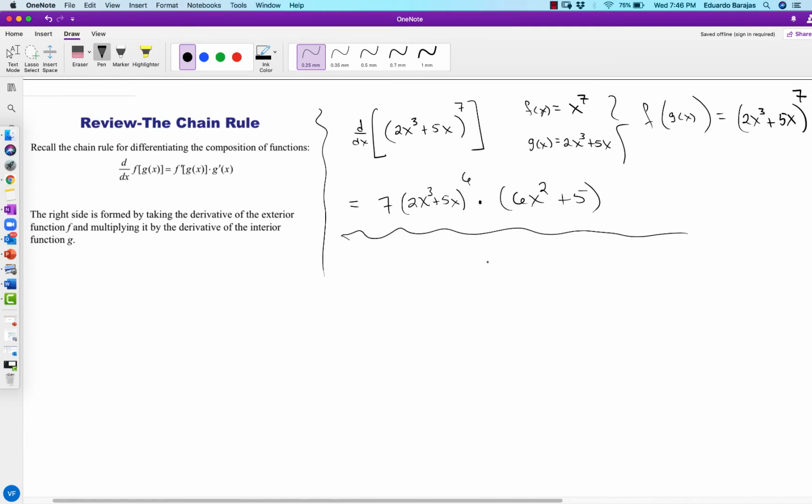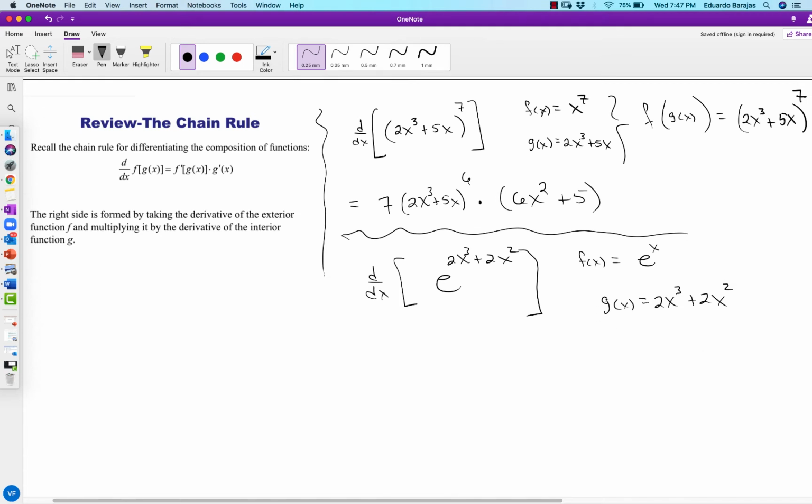One more quick example. How about if we want to take the derivative with respect to x of, say, e to the power of 2x to the third power plus 2x squared. Okay, so again, the outside function, f of x, is just e to the x, whereas this inside function is 2x to the third power plus 2x squared.